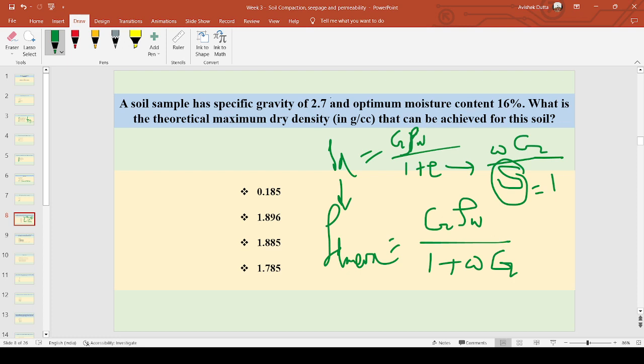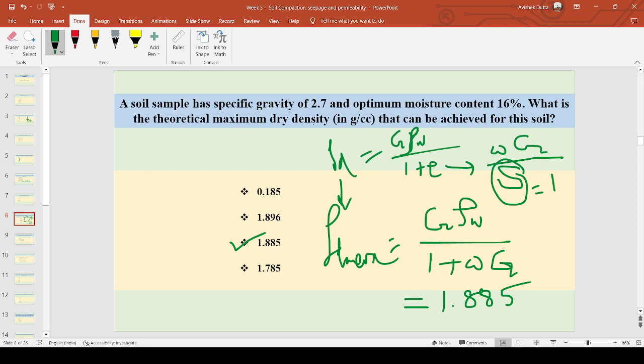So G is given over here as 2.7. Rho w is 1 gram per cc, density of water. Moisture content is 16% or 0.16. You put these values in this equation, you will get the value of the maximum dry density as 1.885 gram per cc. So this is the answer.